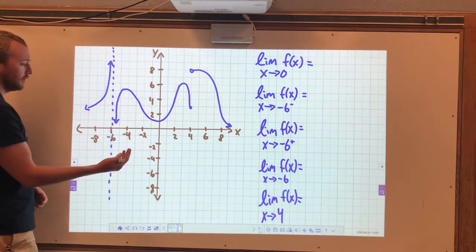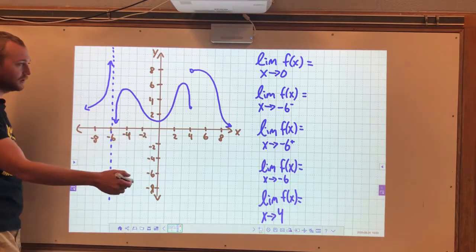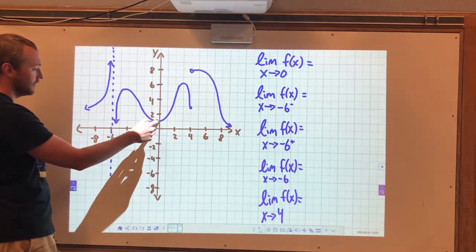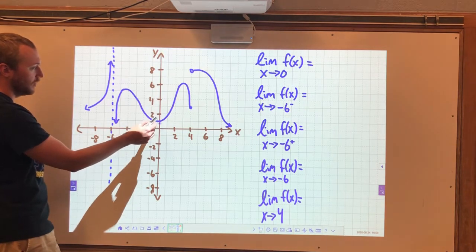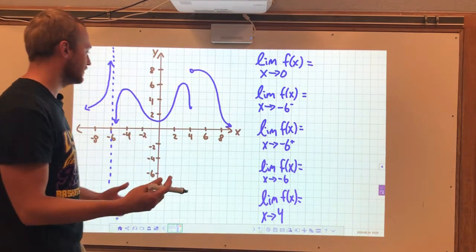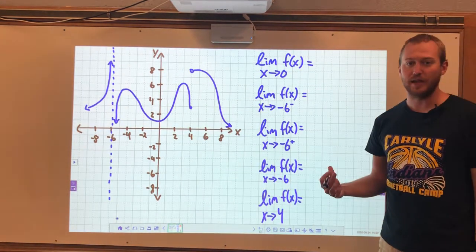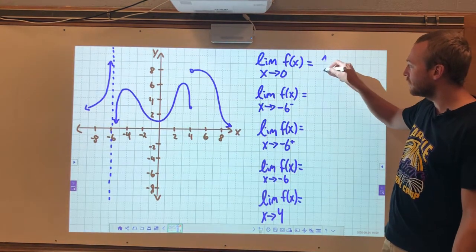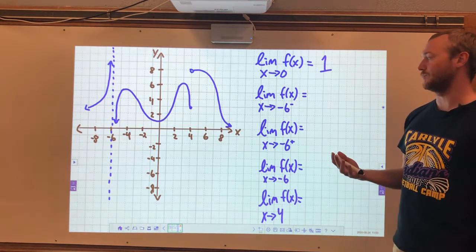I don't have 0 actually written down here, but at our origin at x equals 0, if you look at f of x, it's crossing right here at 1, and it's a nice value, there's no hole or gap there or anything like that. We can just see that this value is 1. That one's pretty simple.